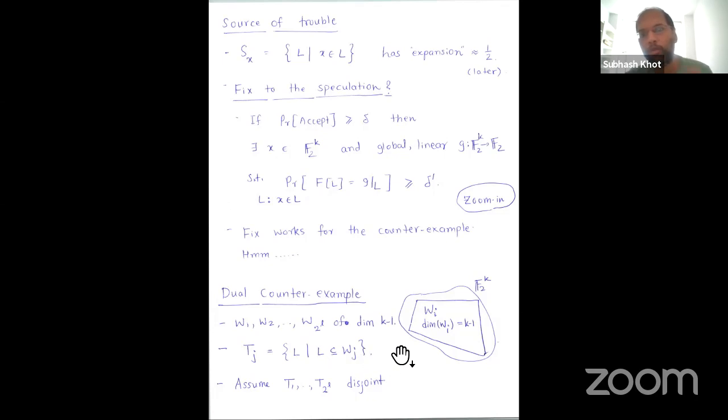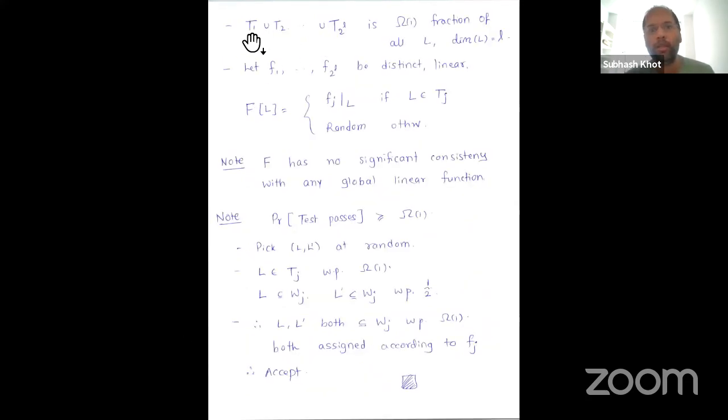So if they have to be completely contained in a k minus 1 dimensional hyperplane, the fraction will be 1 over 2 to the L, right? And that's why I took 2 to the L many of these W1, W2, and so on, so that the number of spaces which I cover is a constant fraction of all little L dimensional subspaces.